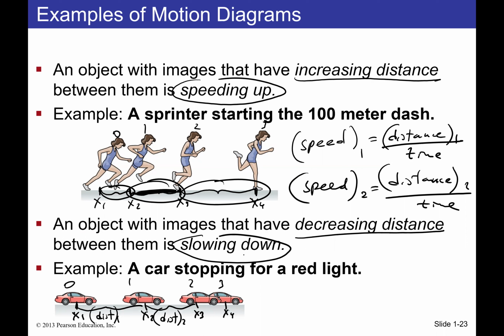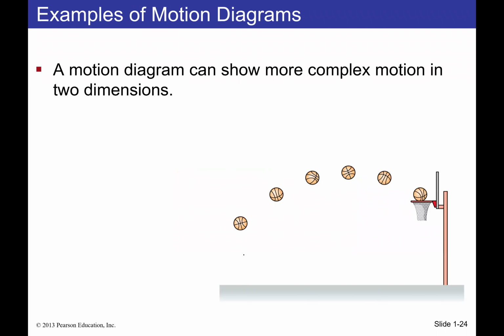All right. So obviously, an example is a car stopping for a red light. This example is not something we're going to be looking at in this chapter, not even the next chapter. This is actually jumping ahead a little bit. This is chapter 3. This one represents a little more complex two-dimensional motion, because if I take the object here, look at that.